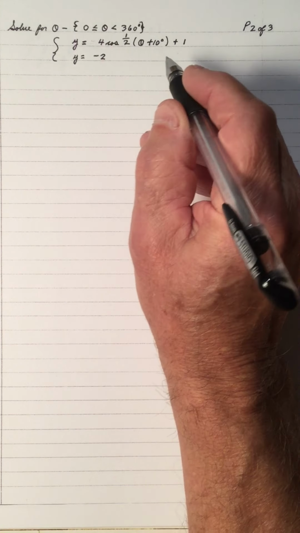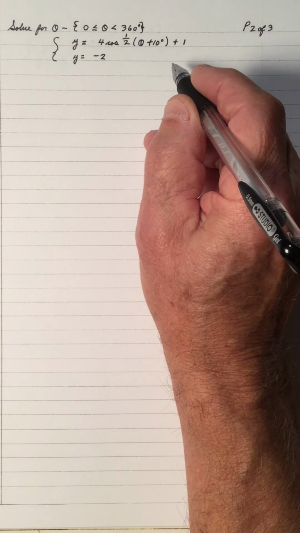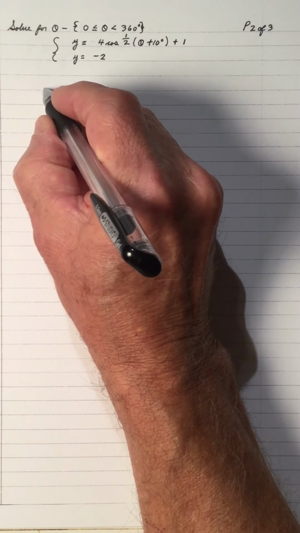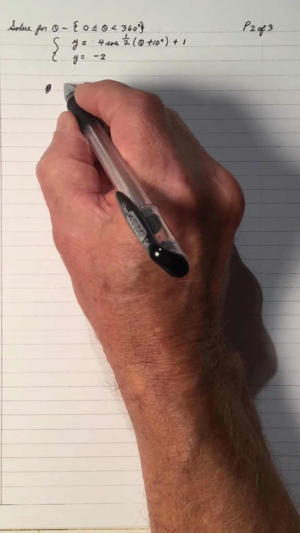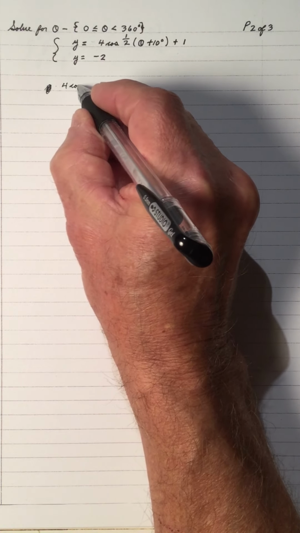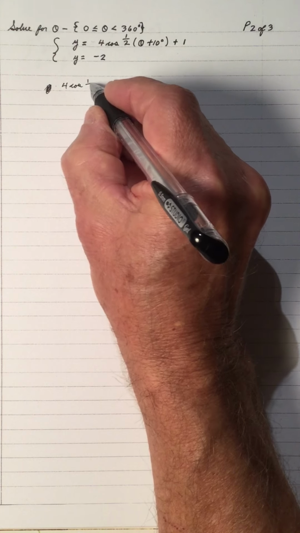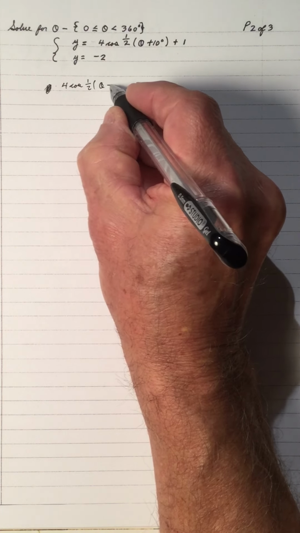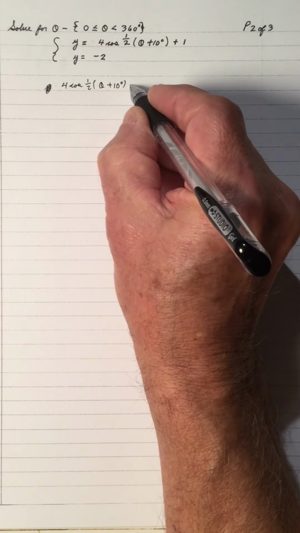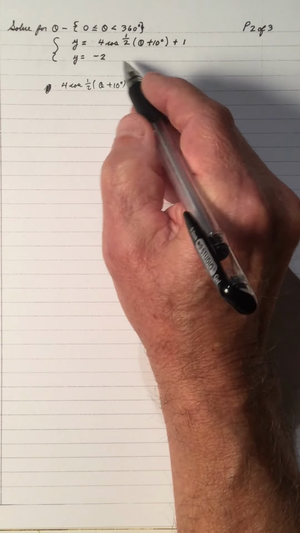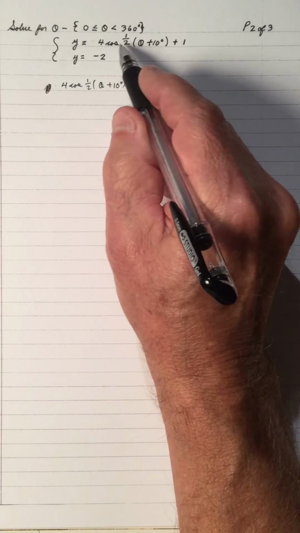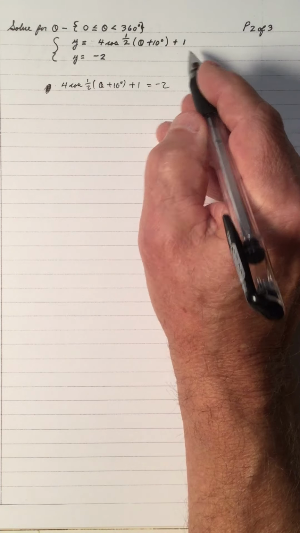But remember, graphing is not a good way to solve, so we'll write out the equation: 4 cos of (a half theta plus 10 degrees) plus 1 equals -2. Because both of them are equal to y, they're equal to each other by substitution.